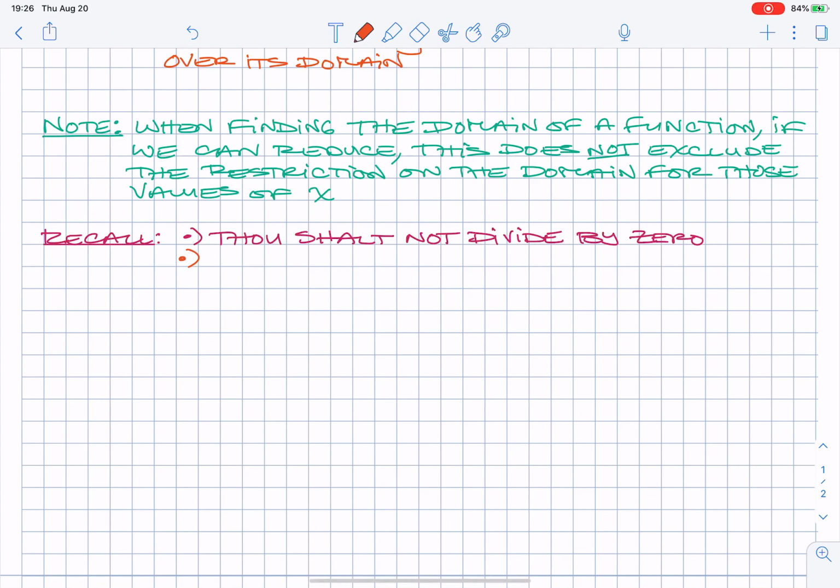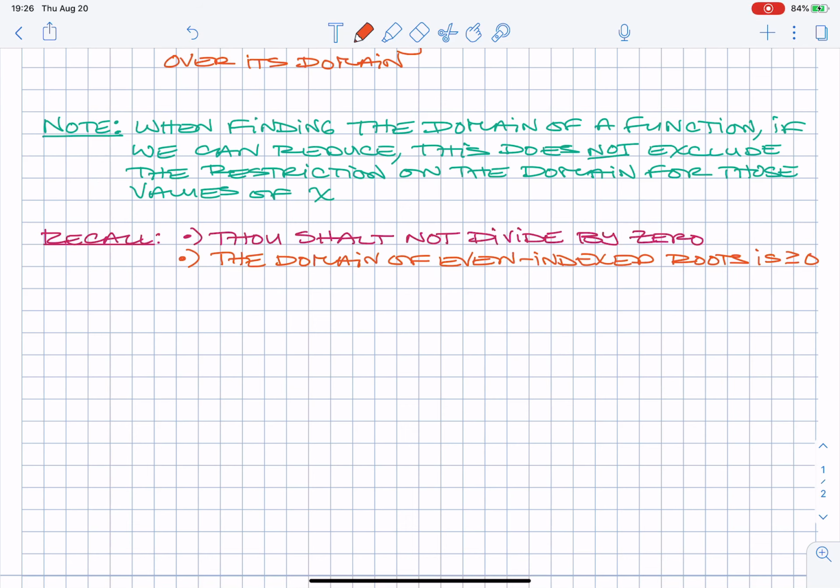Next thing is the domain of even indexed roots is greater than or equal to 0.